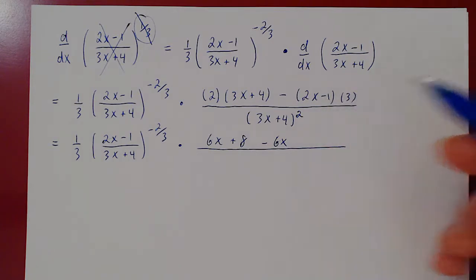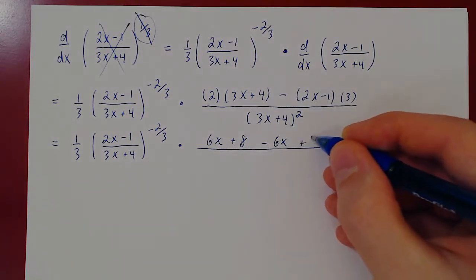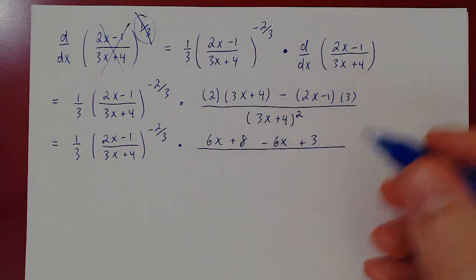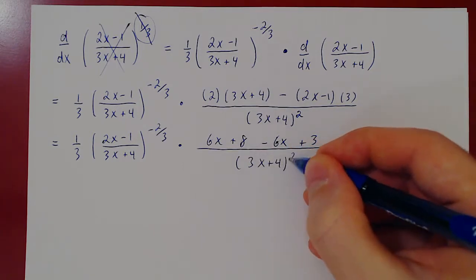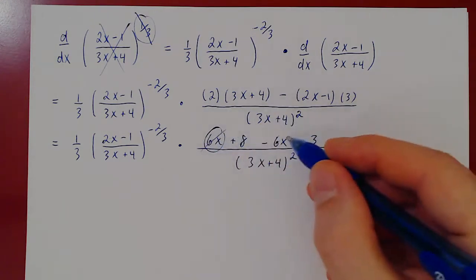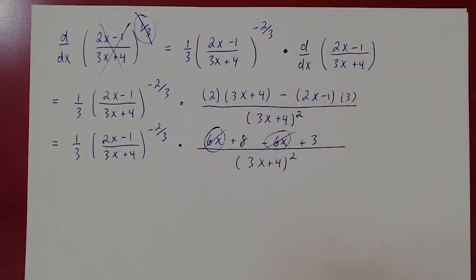Minus 1 times minus 3 is plus 3. Over (3x plus 4) squared. So what happens on top? Well, the 6x minus 6x cancels, and we're left with 8 plus 3, 11.